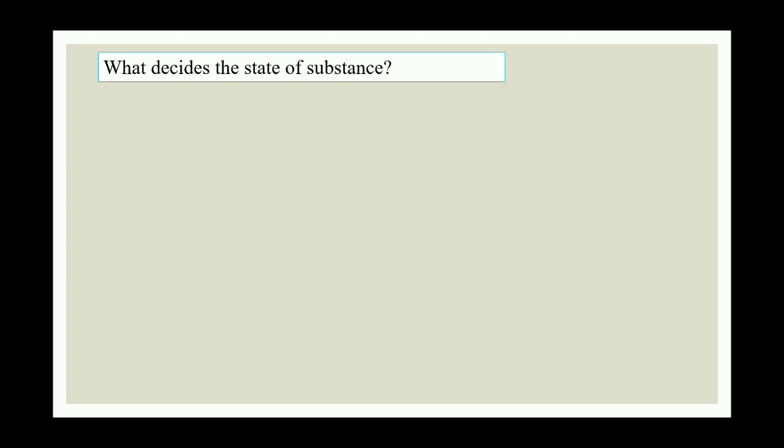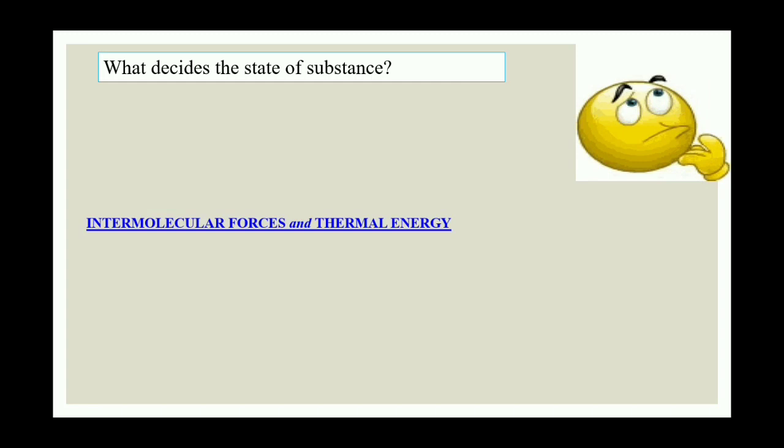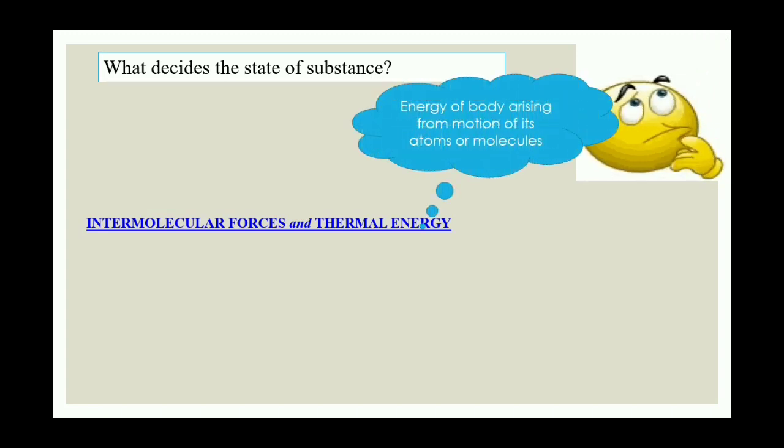Now think about this. What will decide the state of a substance? What decides whether this is gas, liquid or solid? It is intermolecular forces and thermal energy. What is thermal energy? It is the energy of a body arising from the motion of its atoms or molecules. If thermal energy is more, what is going to happen?